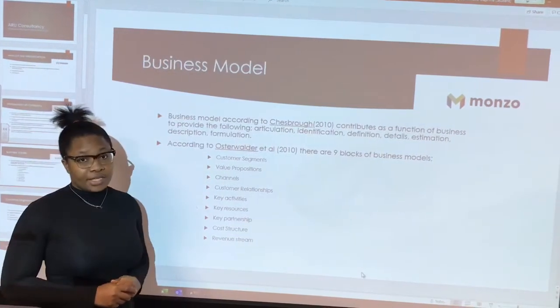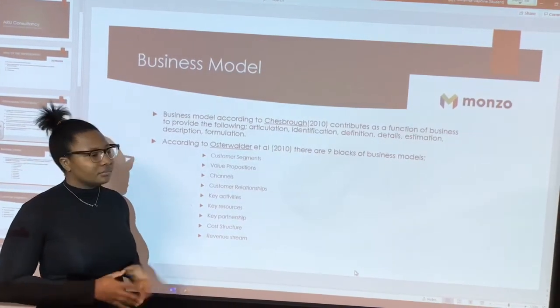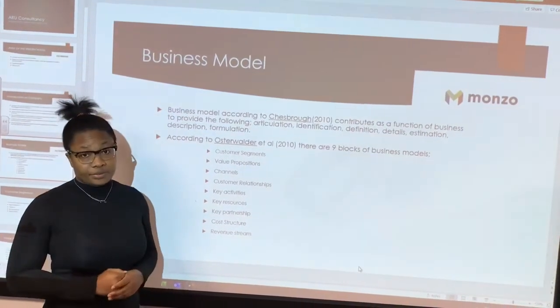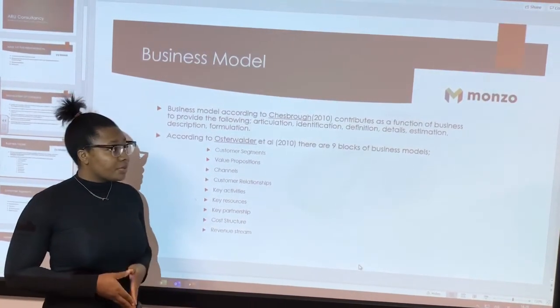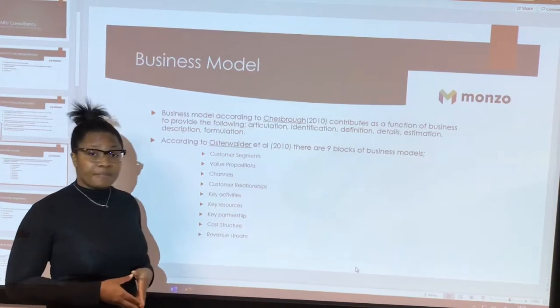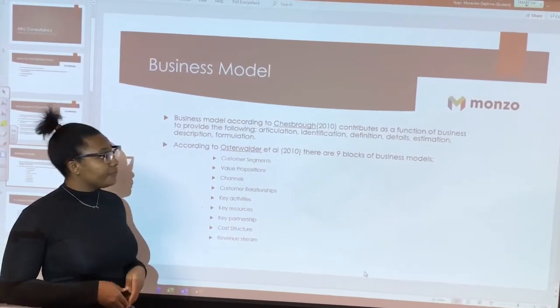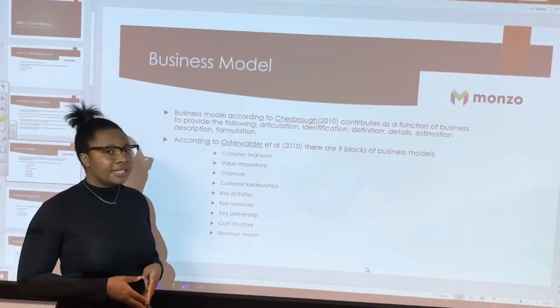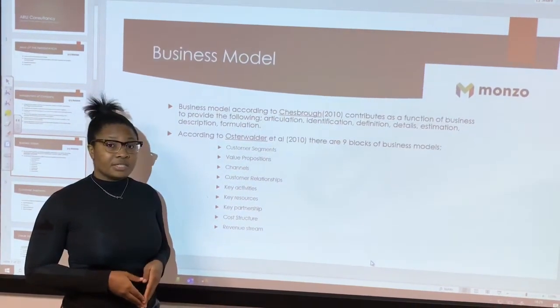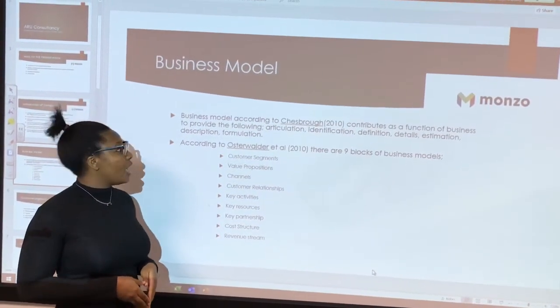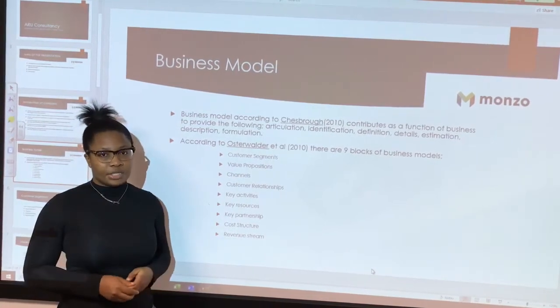This slide looks at the business model. According to Chesbrough, it contributes as a function of business to provide articulation, definition, identification, details, estimation, description, and formulation.